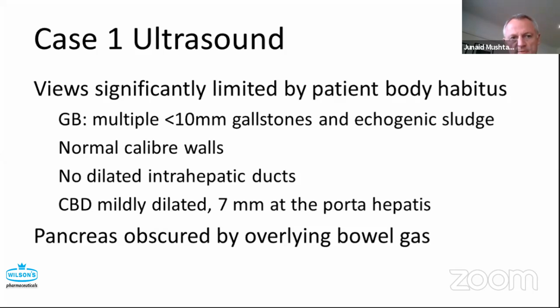Now, I don't know how many radiologists are listening in the background, but as all gastroenterologists know, radiologists are an advanced section of the human species.